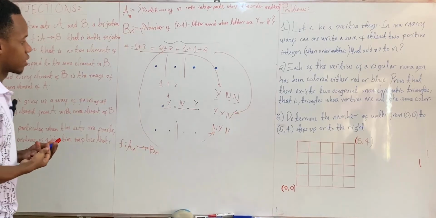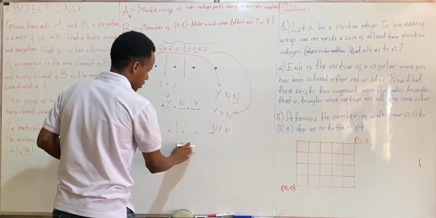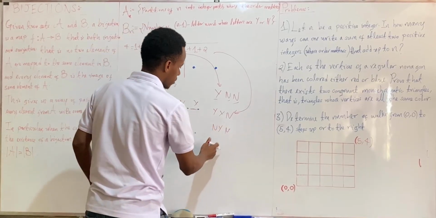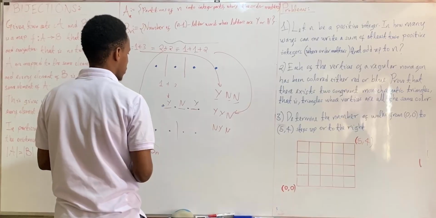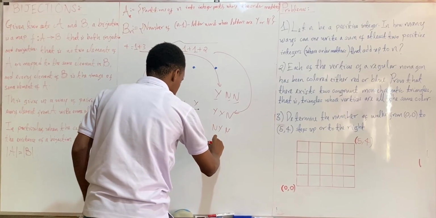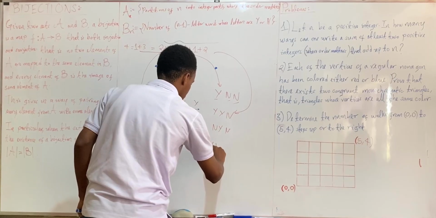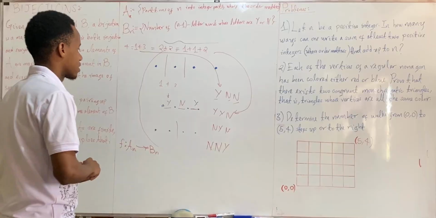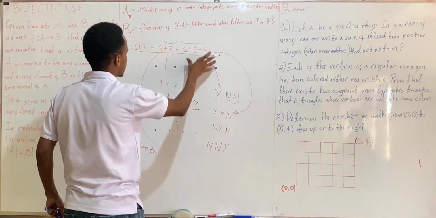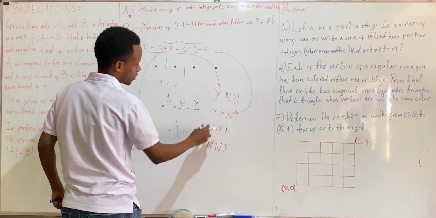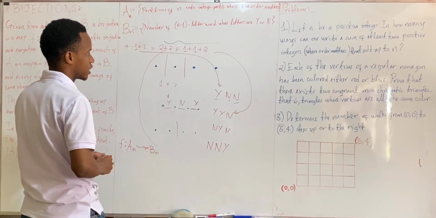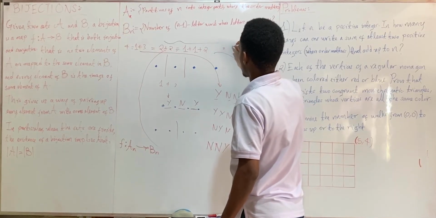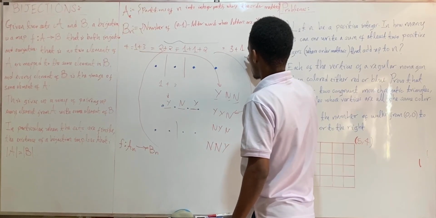Just as in the previous example, even if you give me a random three-letter word whose letters are either yes or no, for example n and then y, I can find a partition of 4 which directly maps into these three-letter words. In this case, I will have 4 equals 3 plus 1.